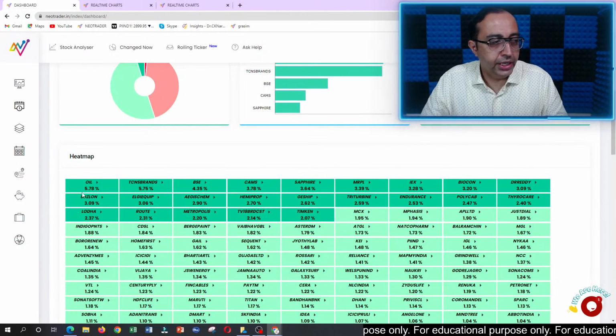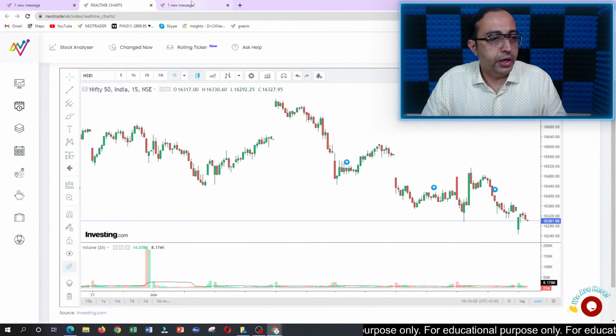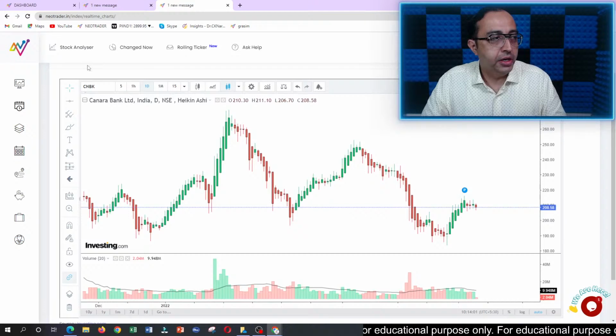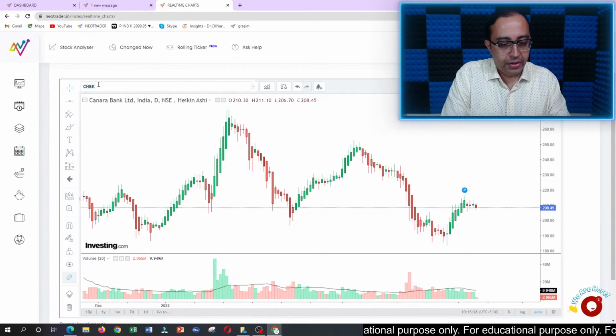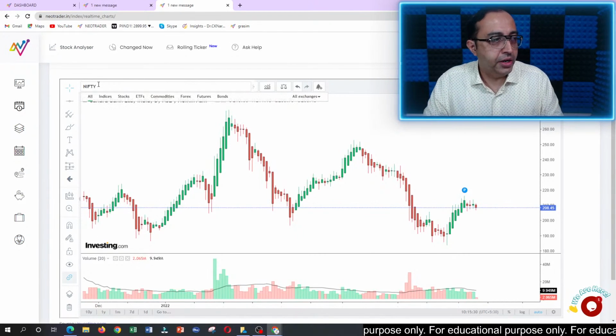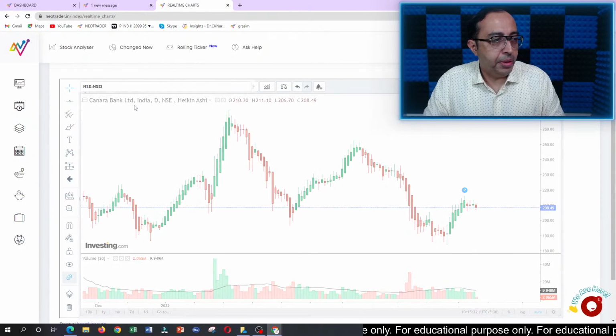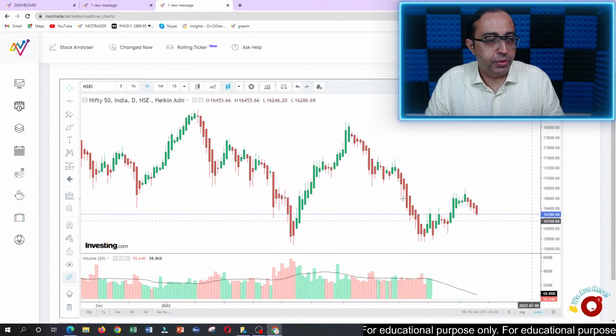You can see there are many names emerging here, and we can take up any of them and ensure that we are able to get a good setup here. So now if you see Nifty, this is the scenario in candlestick, but now let me put Nifty here once again. I keep showing you Nifty because that's what we started with.